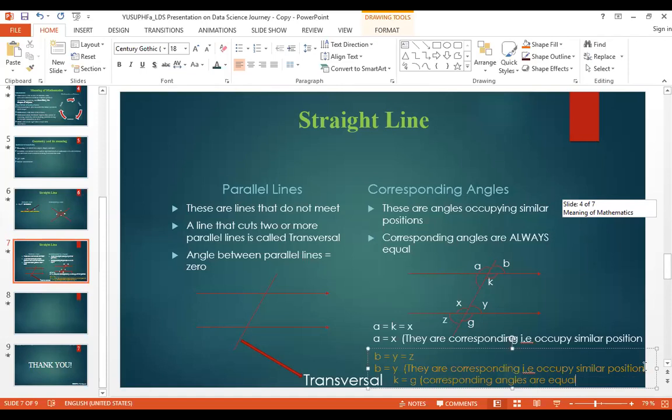Now, based on this, we'll be solving some questions. Have you written this in your notes? Do you have any notes with you there? Have you drawn this diagram? Yes, sir. Okay, good.